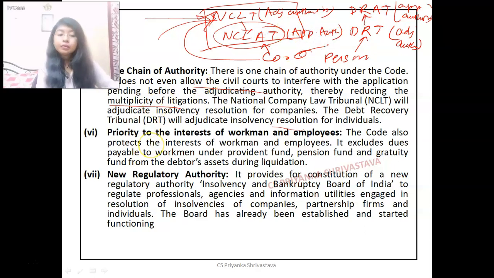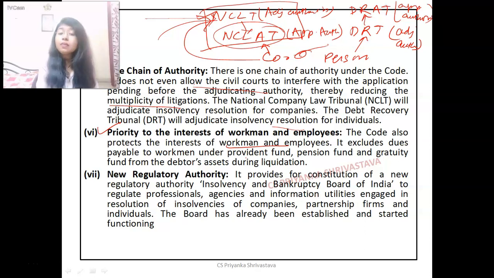Now priority will be given to the interest of workmen and employees. So this code will also protect the interest of workmen and employees. Interest doesn't mean simple interest; this interest is the rights of workmen and employees, which are being protected here.